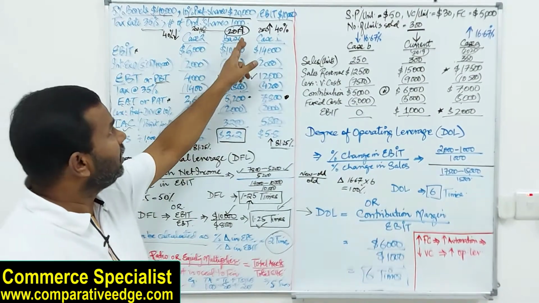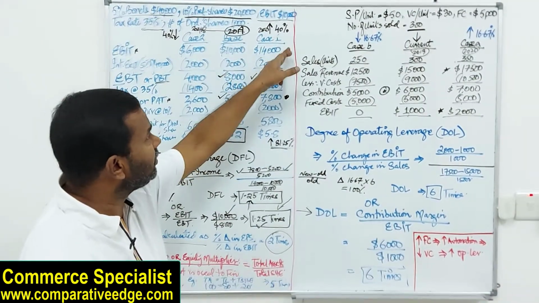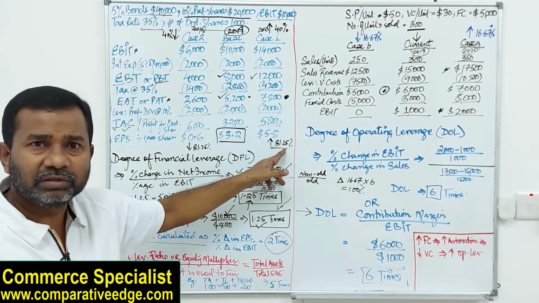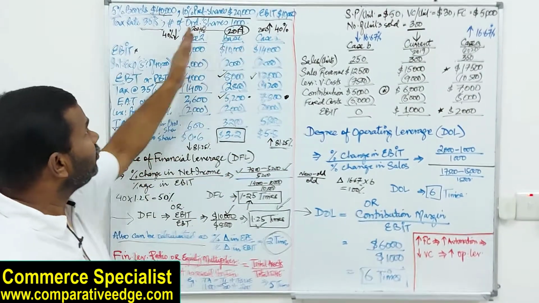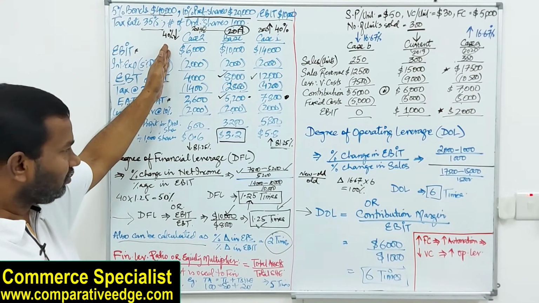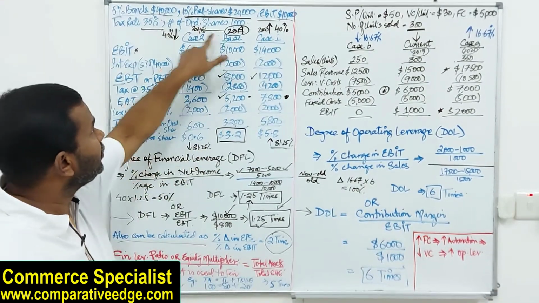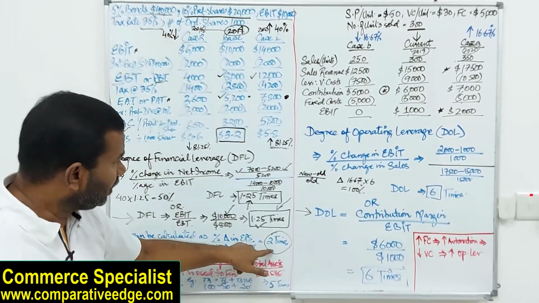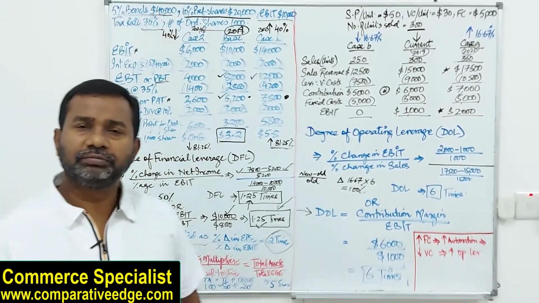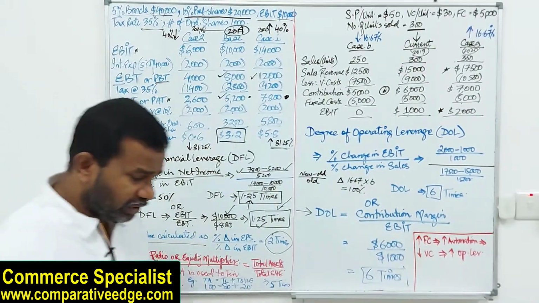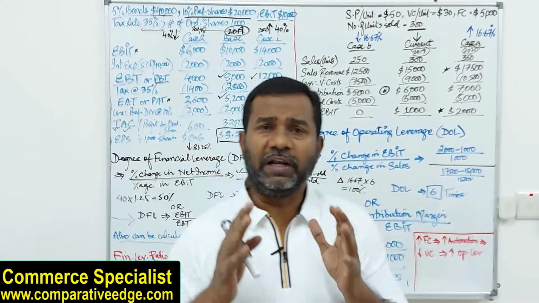So if EBIT is increasing by 40%, your EPS is increasing by almost twice. And if EBIT reduces by 40%, your EPS will reduce by 80. How? Because it is reducing by 40, 40 multiplied by 2 will give you around 80%. So this is, ladies and gentlemen, degree of financial leverage.